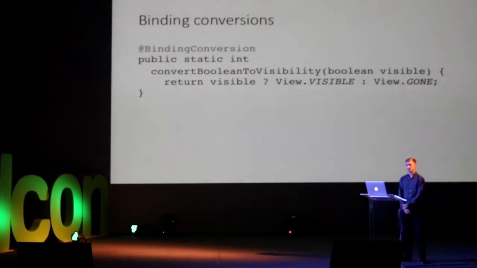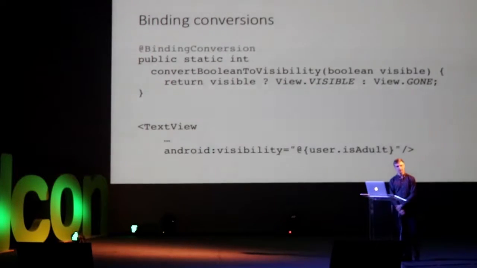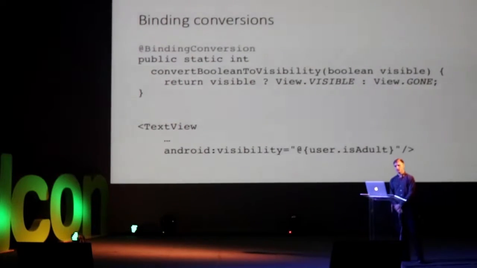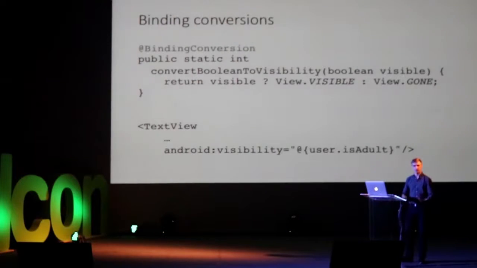So this is really nice. If you remember the bad example in the beginning I showed, where it did user.age smaller than 18, you don't need to do that because you have this, which is very powerful. You can just set the visibility to user.isAdult, which is a Boolean, and then it gets converted to an integer for visibility.